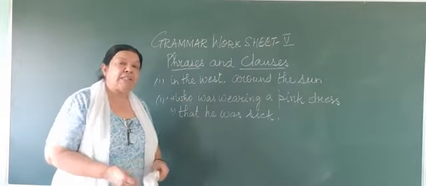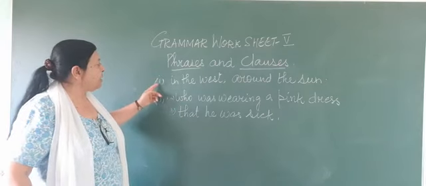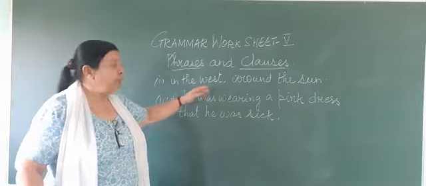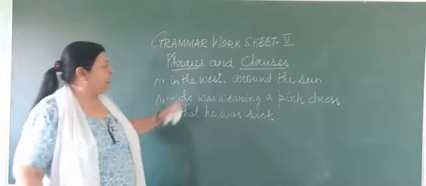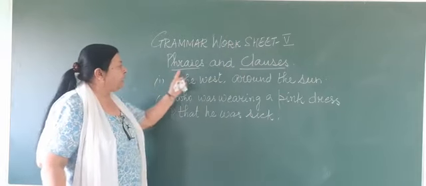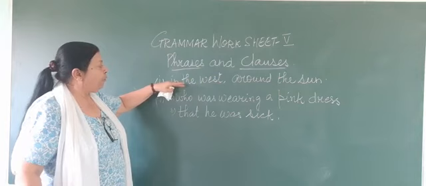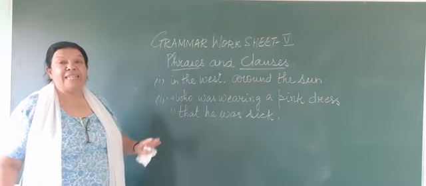If you look at these sentences, you will see in sentence number 1, I have written "in the west, around the sun." If you observe, you will find that this is a group of words. This group of words does not give me complete sense.